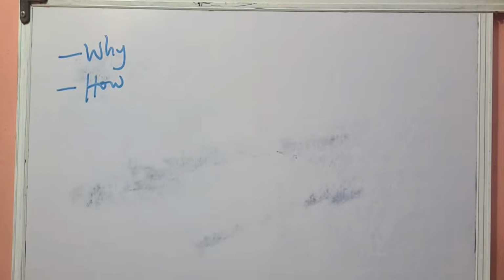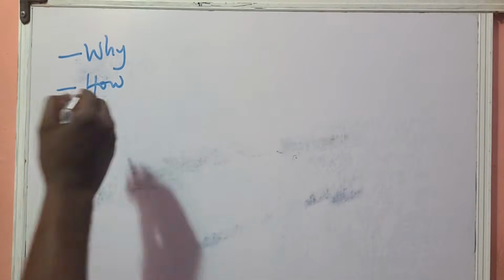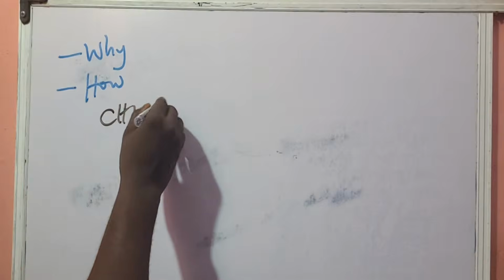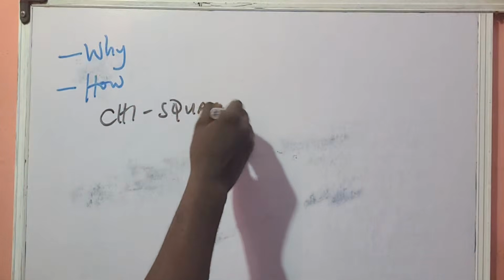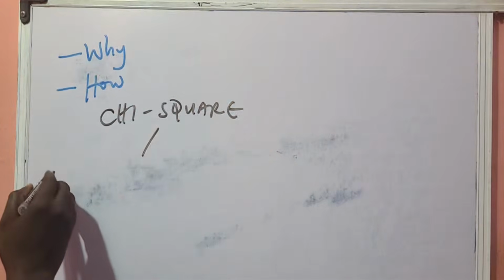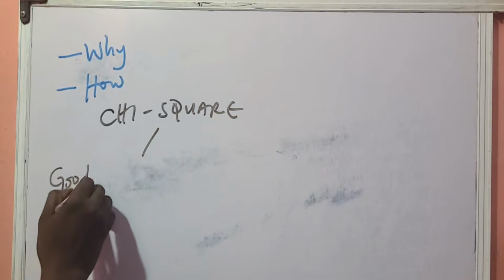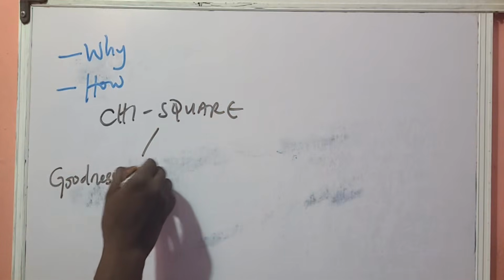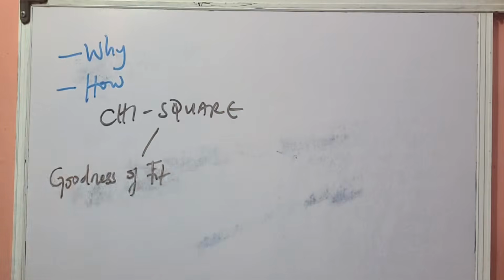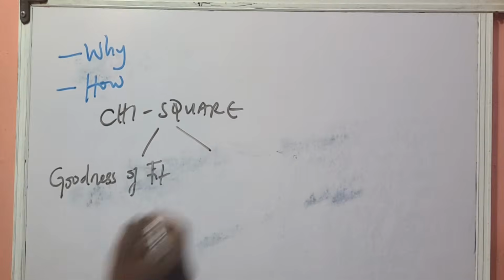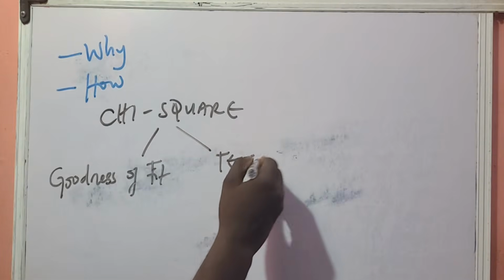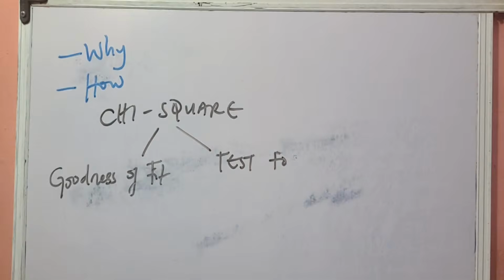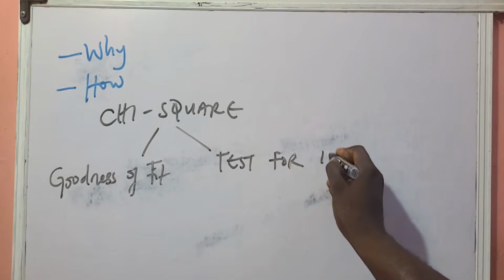Very simple. These things are too simple, you don't have to struggle with them at all. So for chi-square, we have two categories. The first one is what we call the goodness of fit test. And the second category is what we call the test for independence.